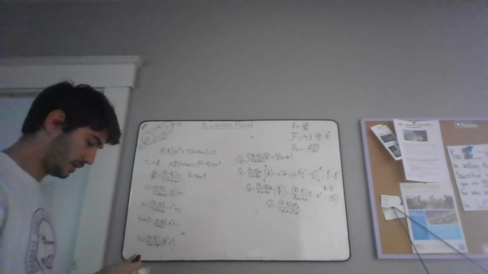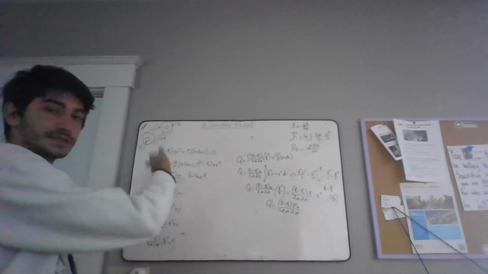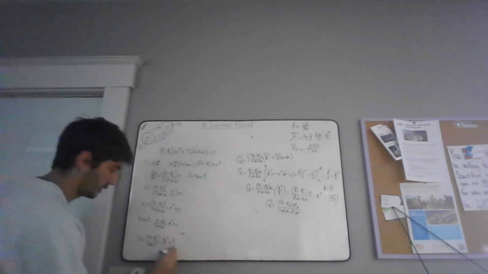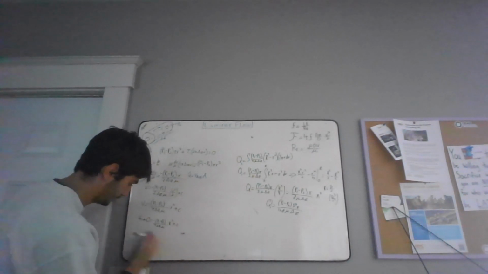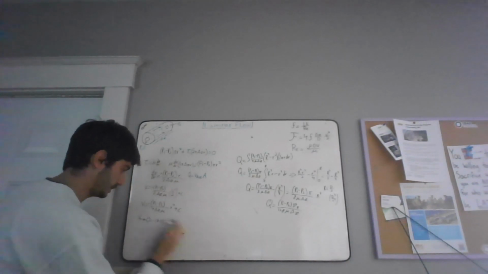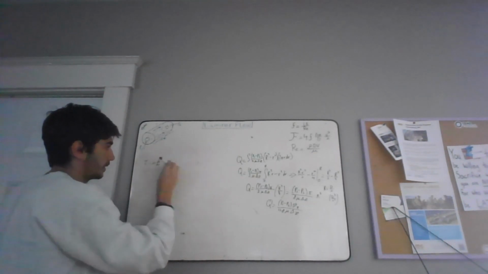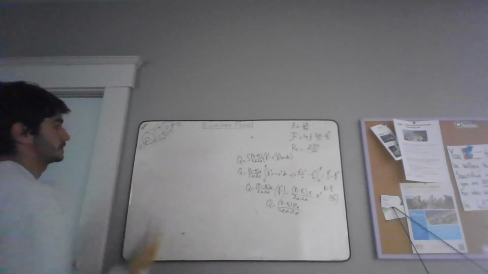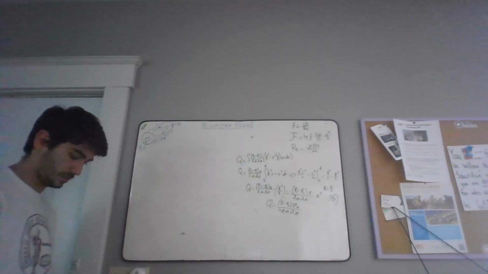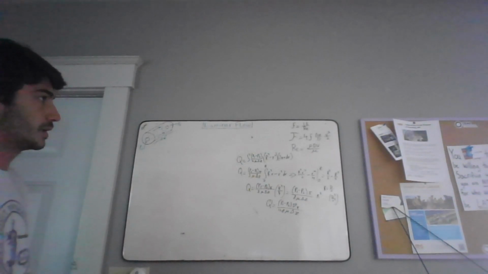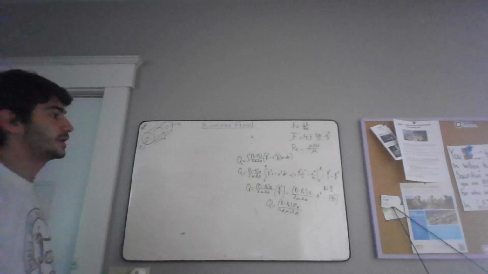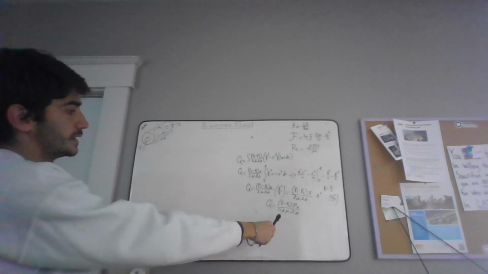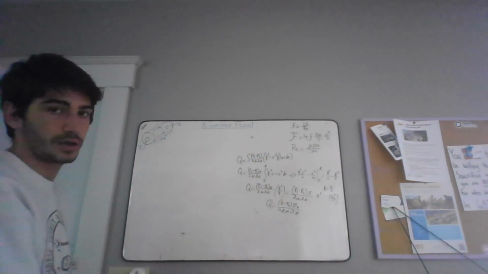I'm going to go ahead, free up some space here so we can rework this equation to get our answer. Okay, what I'm going to do now is rewrite this equation for the change in pressure, right?